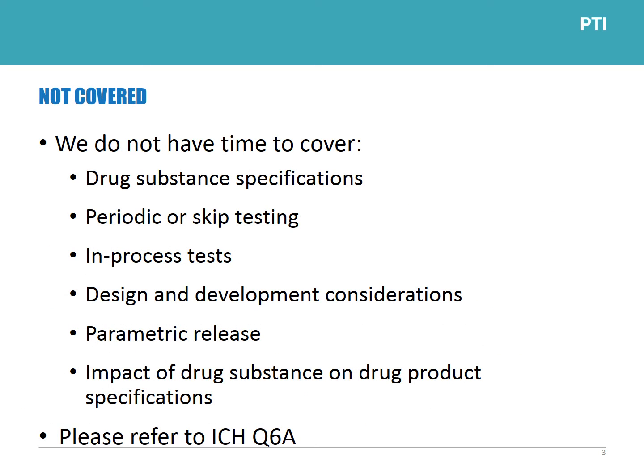We don't have time to cover drug substance specifications, although of course those do have an important bearing on drug product specifications, the concepts of periodic or skip lot testing, in-process tests, design and development considerations, which are very much part now of quality by design, parametric release, which is using a parameter that we've monitored during the process to validate the fact that we've produced a batch of product that meets a particular quality attribute, and an example there might, for example, be recording the temperature of terminal sterilization in an autoclave as a means of demonstrating compliance with a sterility parameter, and then the impact of the drug substance on drug product specifications.